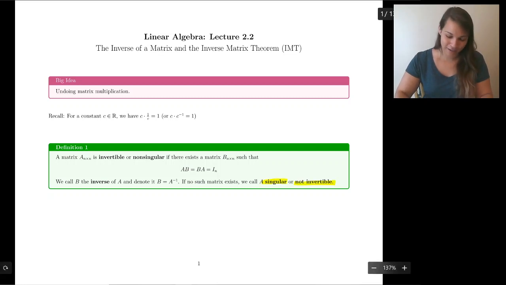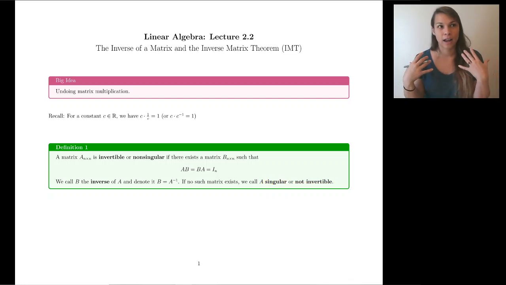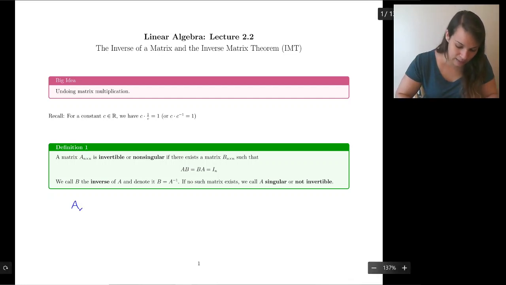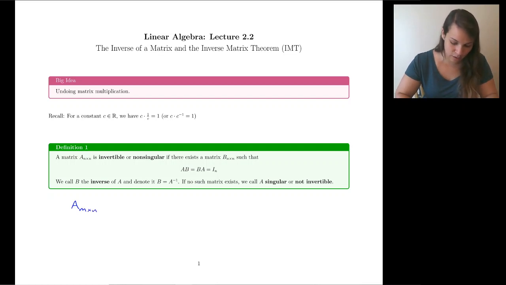or not invertible. So the reasoning behind that, briefly, for A needing to be square is, let's say we didn't have a square matrix, say A was n by m. Then we would have to multiply it by an m by n matrix in order to get the identity matrix.